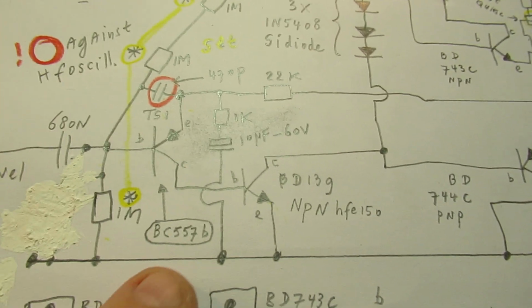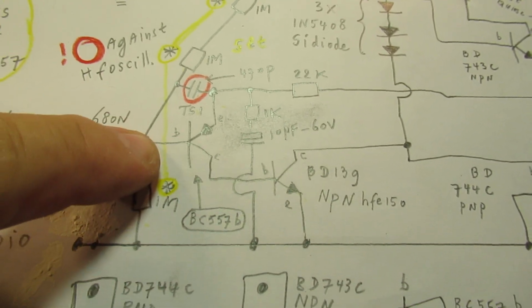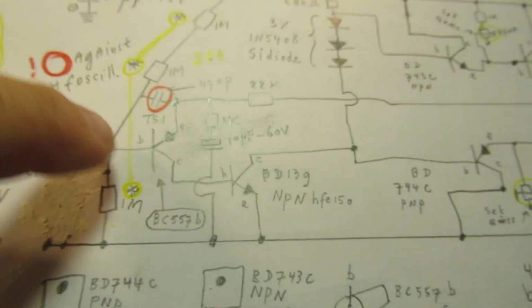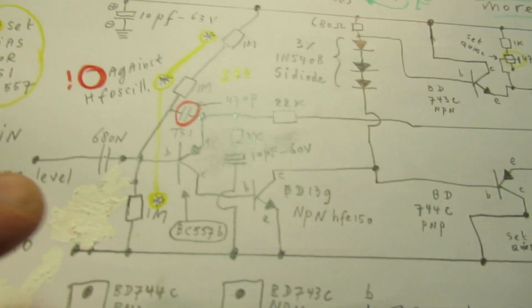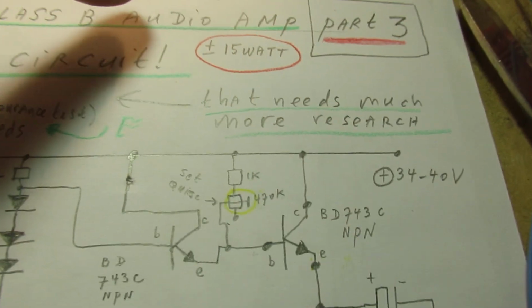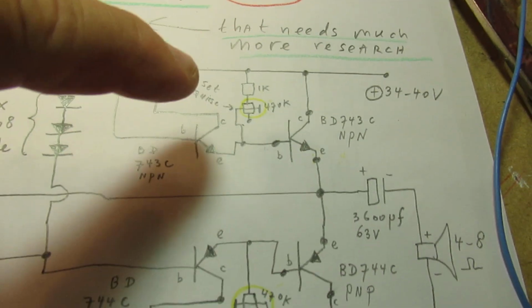That is the BC557B. It's a PNP transistor. This is an NPN transistor. They both form a Darlington, and in fact we have here this Darlington driving two Darlingtons. And finally to the loudspeaker.